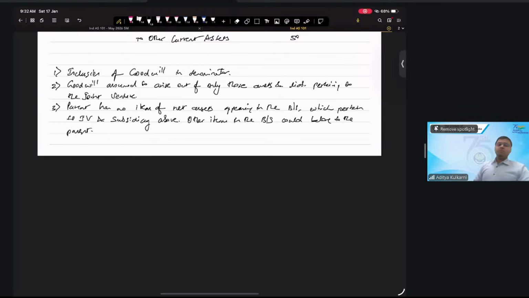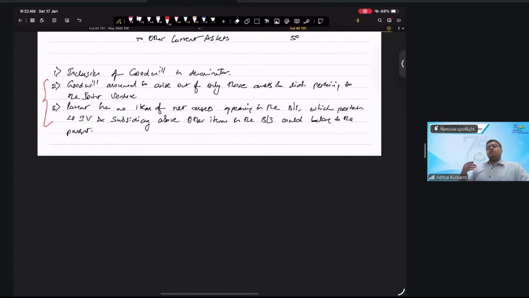We are saying it could belong to the parent. Is it okay? Yes. So this is the basis on which this solution is prepared. So 2 and 3 are assumptions.